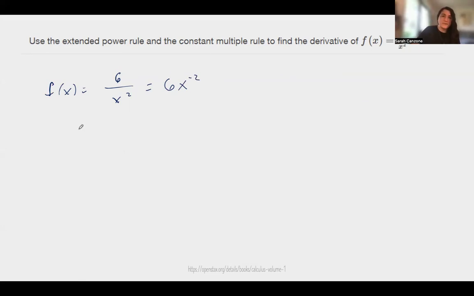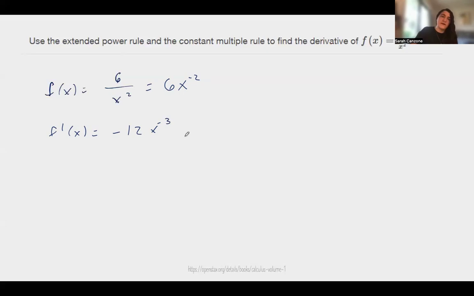Well, now we want to find the derivative of this. So f prime of x is just using our regular old power rule. So take our exponent, multiply by the number out front. 6 times minus 2 is minus 12x. And then we subtract 1 from the exponent. And again, we're careful because when you subtract from a negative number, it gets more negative, not positive. So minus 2 minus 1 is negative 3.